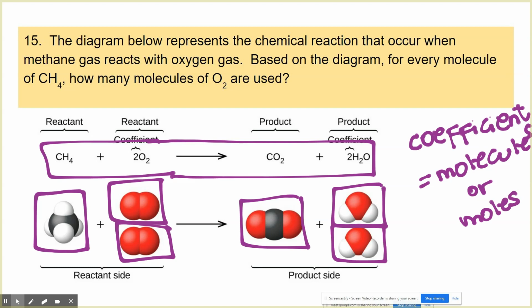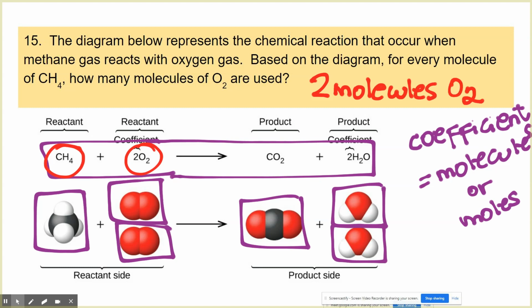So if you look here, you can clearly see that there's a 2 in front of O2 when you have one methane. So the answer here is 2 O2, or 2 molecules of O2.